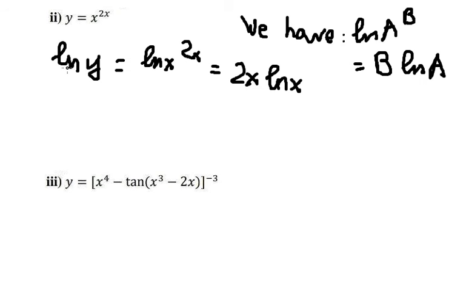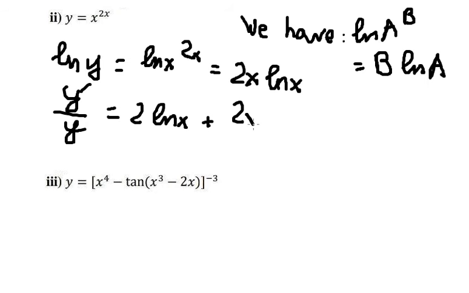Now, we do the first derivative for both sides, and we have the first derivative of y over y. In this situation, we do the first derivative of 2s, and we have 2 ln s. Later, we do the first derivative of ln s, so we have 2s over s, and we simplify. That's 2 ln s plus 2.